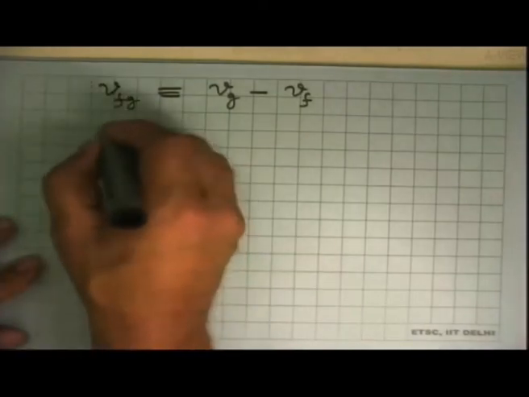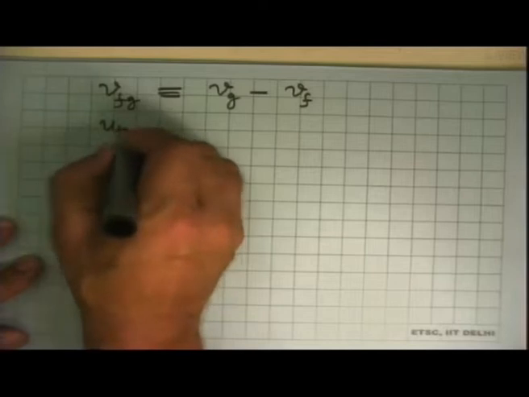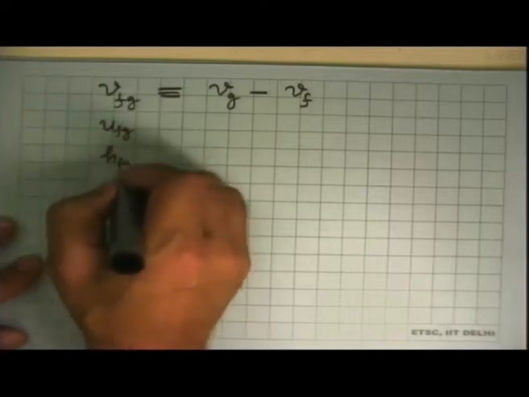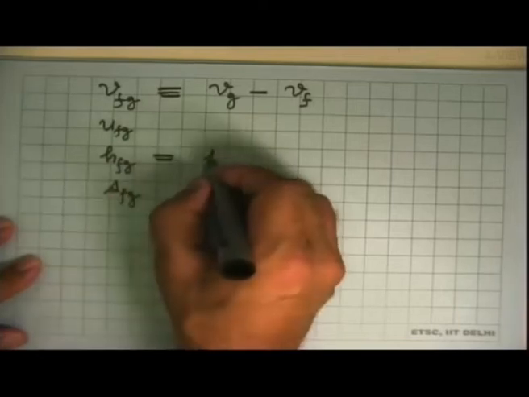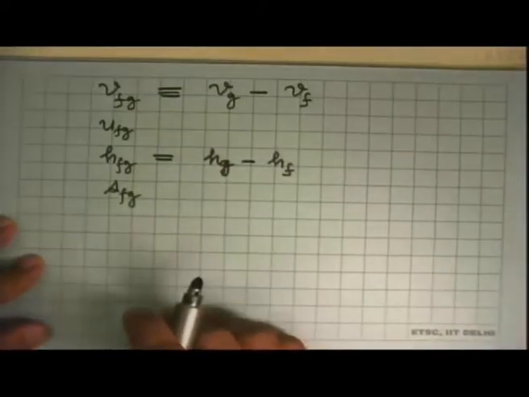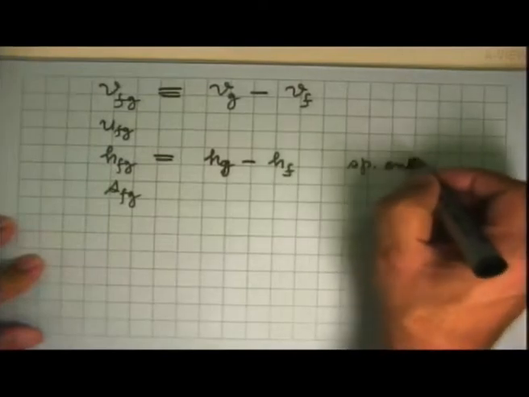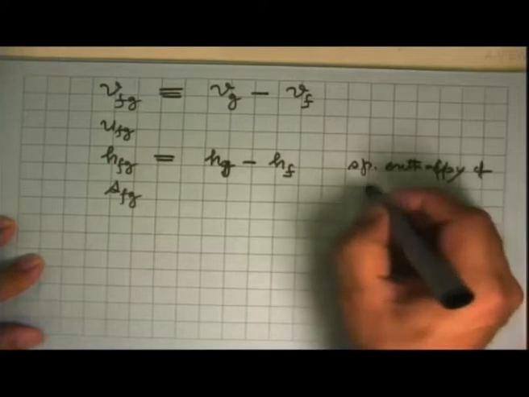And similarly, we can define Ufg, Hfg, and Sfg. So I'll just write down one of these. This is Hg minus Hf. And this is called specific enthalpy of evaporation.